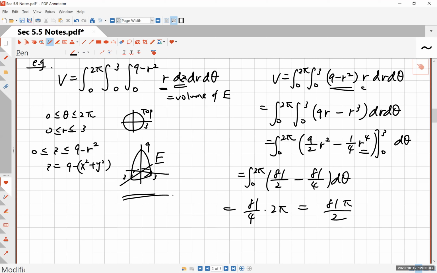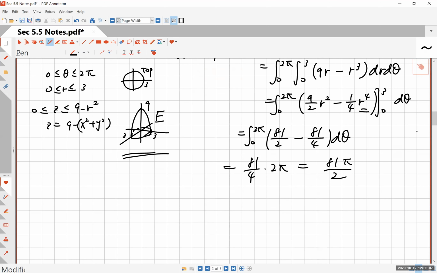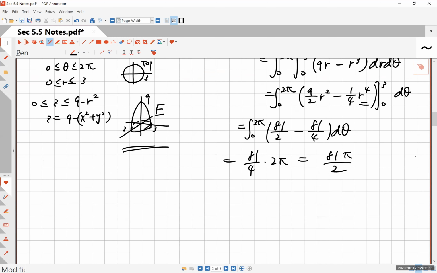Okay, so I think cylindrical coordinates should be rather easy, and I don't think you'll have any difficult time figuring out the cylindrical coordinate system. All right, so the second half, spherical coordinates, right? And so the most difficult part is to find what the dV is.